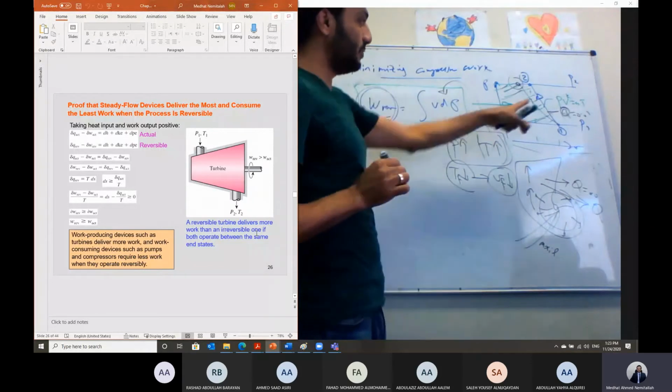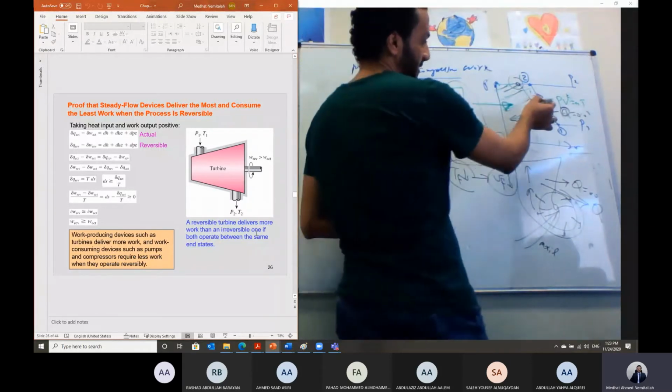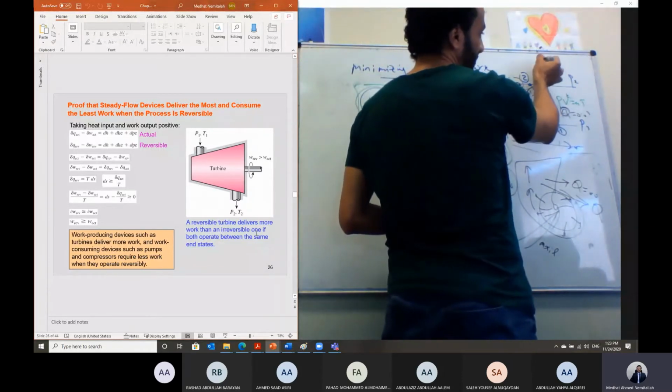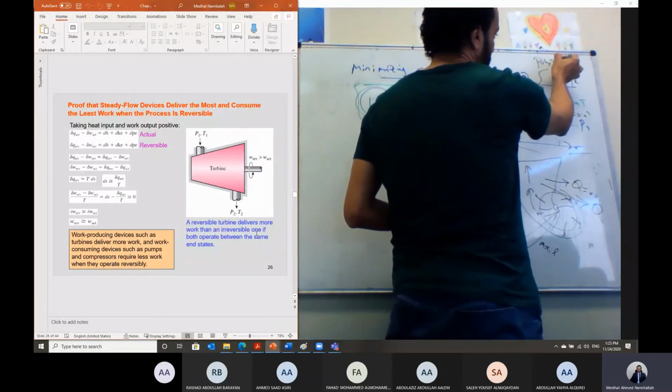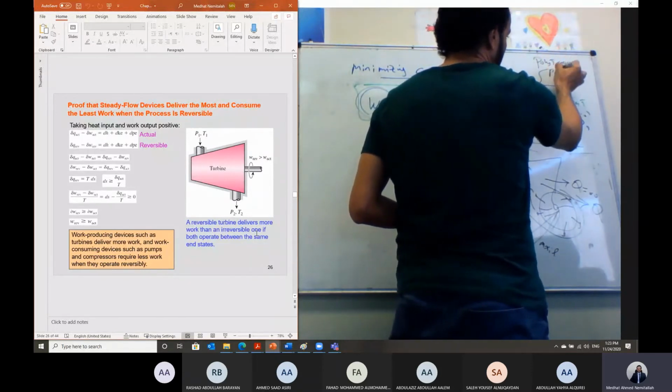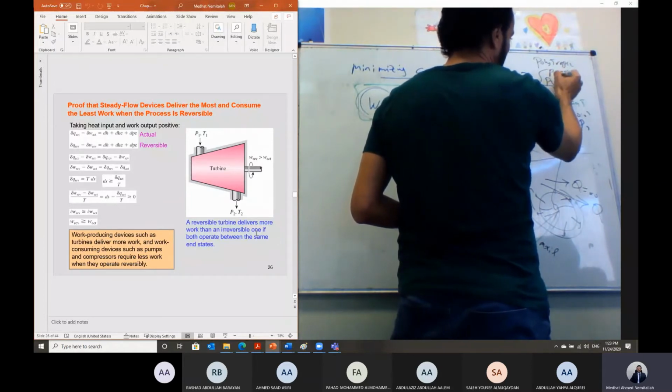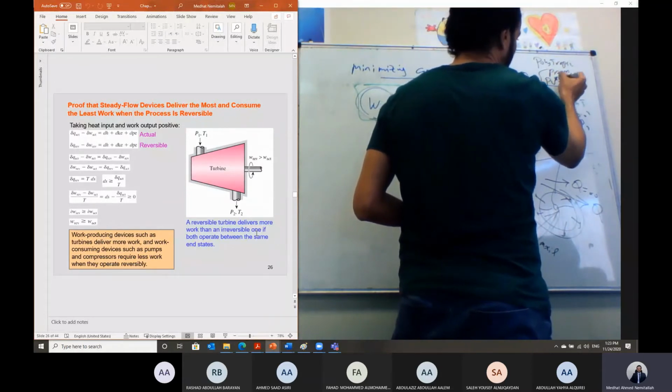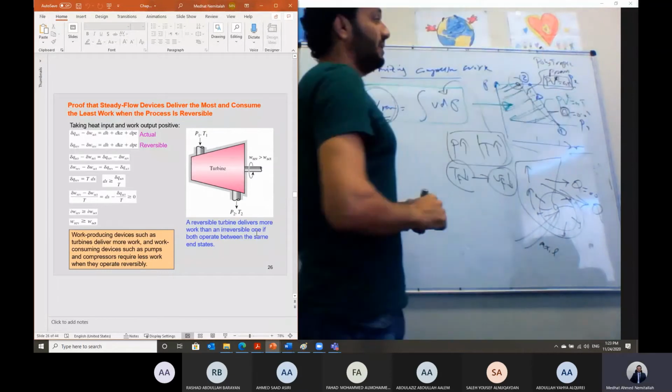So similarly to the isentropic process, we have this process in which we have heat transfer. We call it the polytropic process. In the polytropic process, we have the same relation, but instead of K, we have the polytropic index N: PV to the power N is constant.